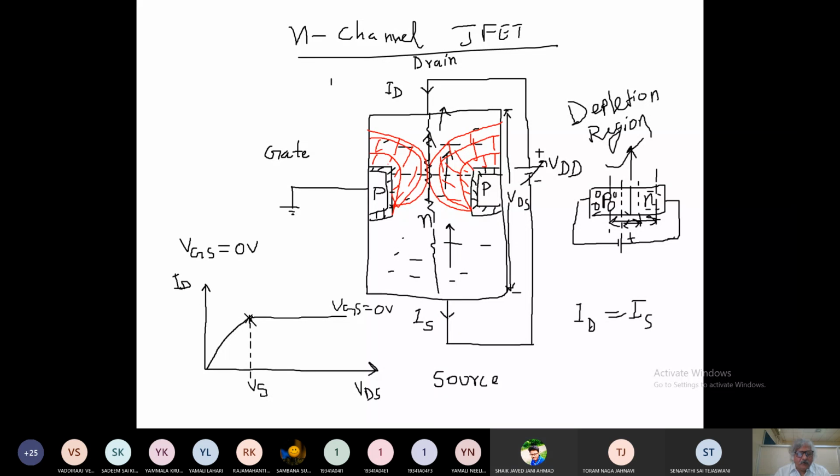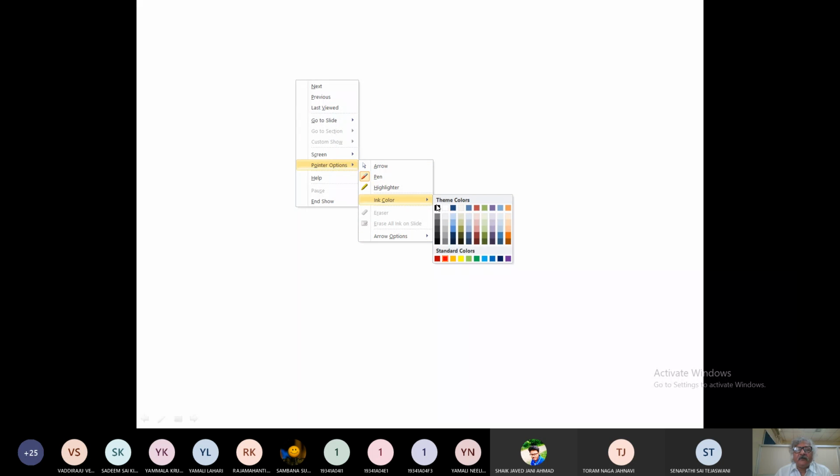So in the last lecture we started the small signal model of JFET, and here in the PPT, unfortunately, those contents are not saved, right?